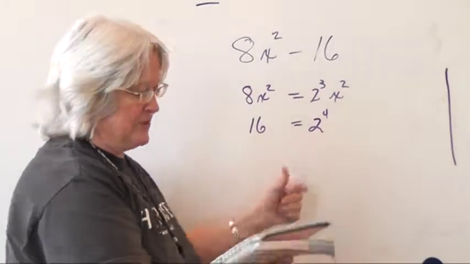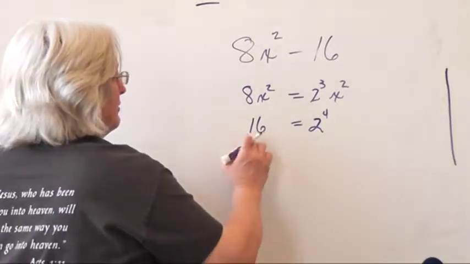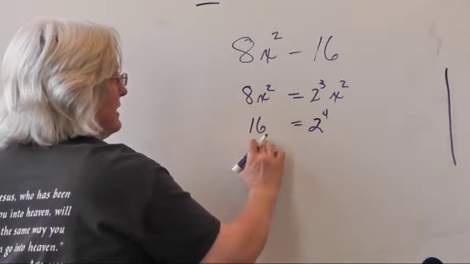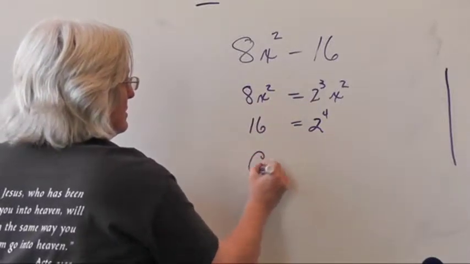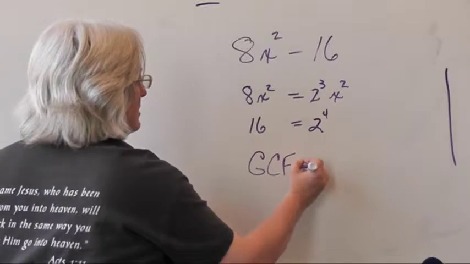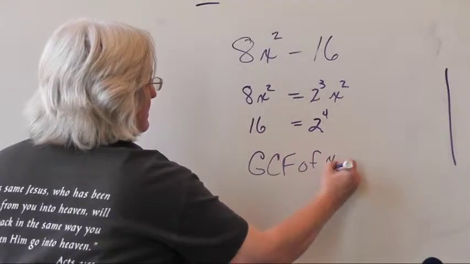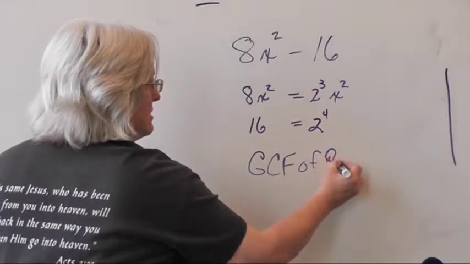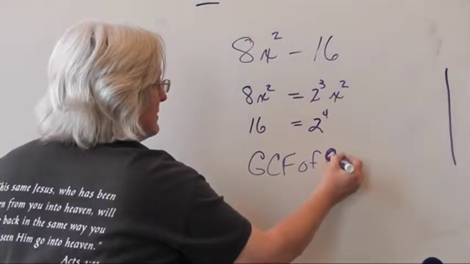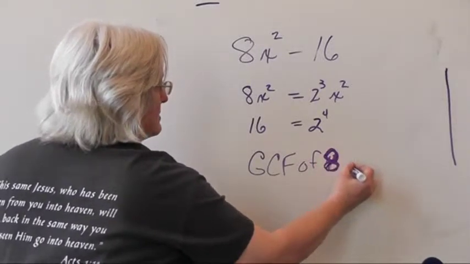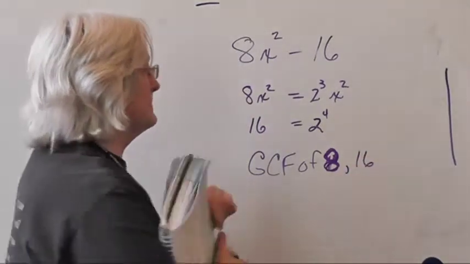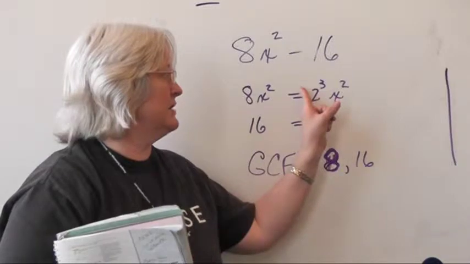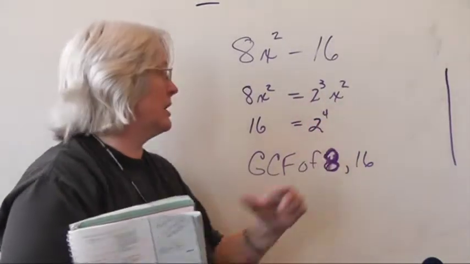So you have to find now the greatest common factor of the 8 and the 16, GCF of 8 and 16. You have 2 cubed, 2 to the 4th. Each of these have a factor of 2 cubed in common.